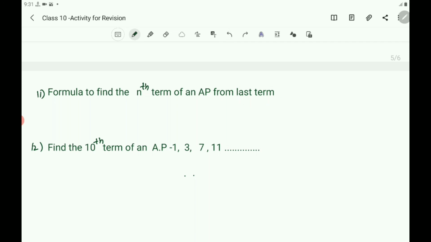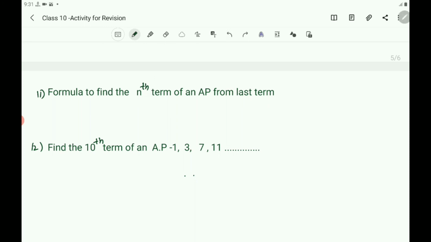Here in the place of A, you have to write the last term. What is the symbol of the last term? You know, that is AN, the general term. Last term is L, or you can write AN. L is the last term and L is nothing but the nth term.